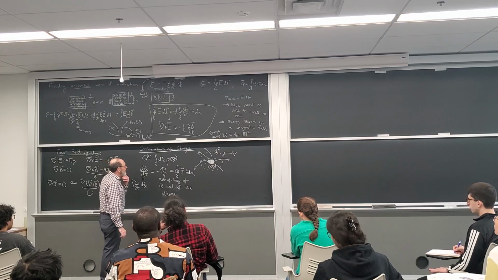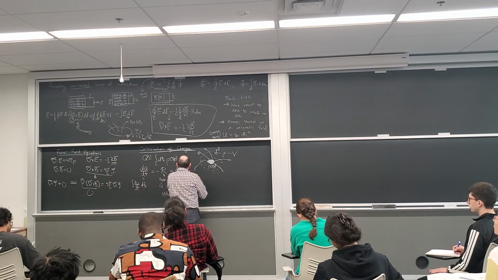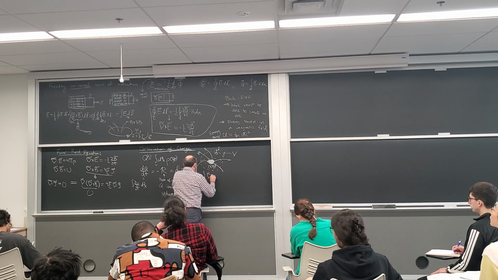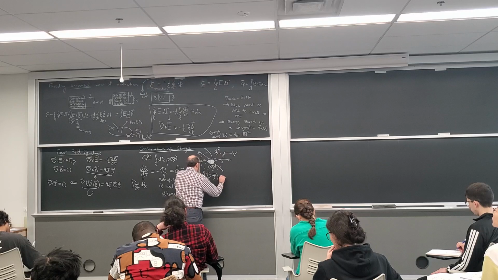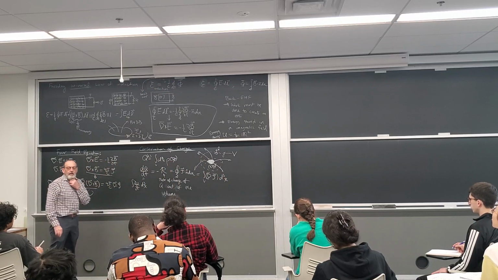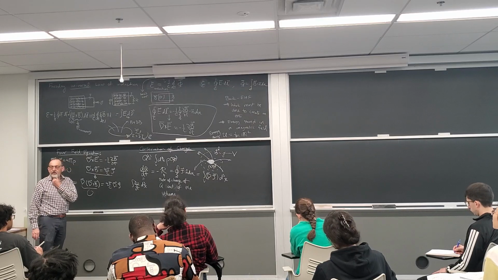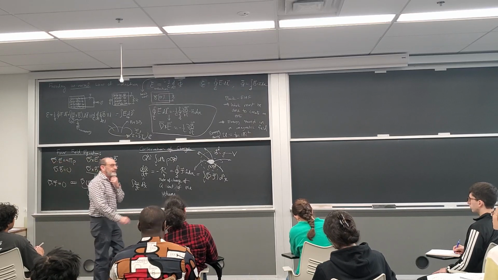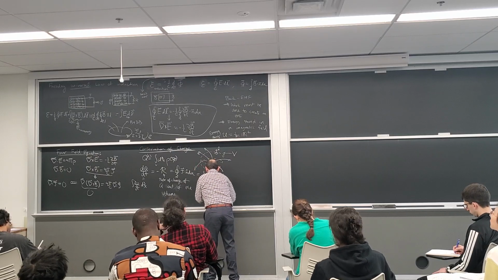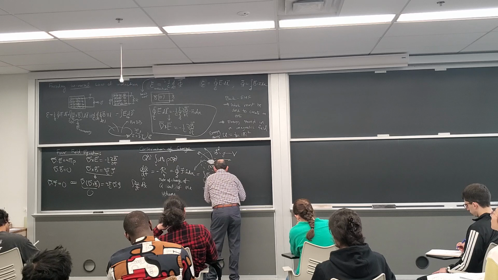okay? And according to the divergence theorem, the flux through a closed surface is equal to the sum of all the divergences within the volume. By the divergence theorem, and thus we have what's called the continuity equation.